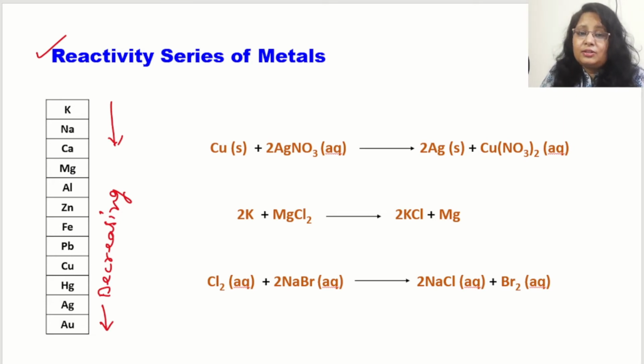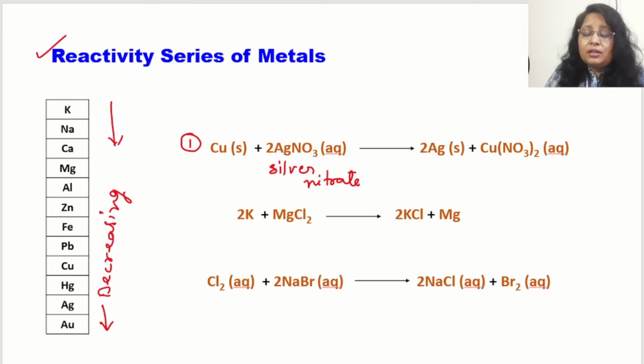So let's use the reactivity series and solve some displacement reactions. Here we have a reaction between copper and silver nitrate, in aqueous form. In the reactivity series we can see that copper is above silver. It means copper is more reactive than silver.